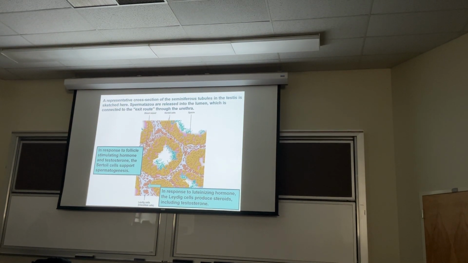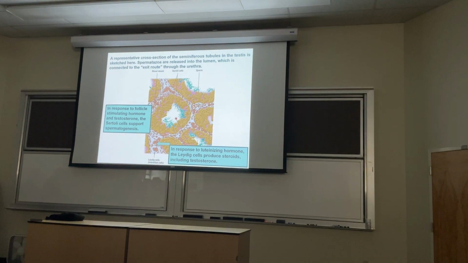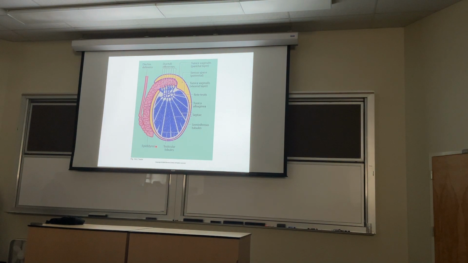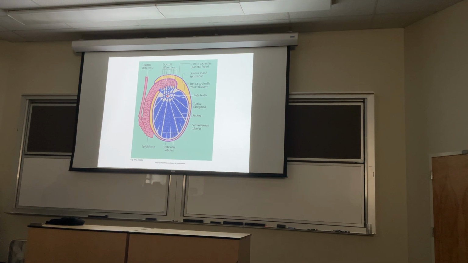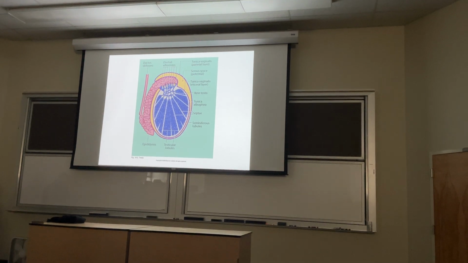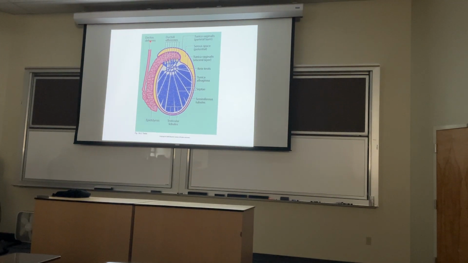This is a little diagrammatic representation of this spermatogenic process, the formation of the sperm in the seminiferous tubules. Here again, this diagram is from your book. It shows you the lobules with the seminiferous tubules, the rete testes, the straight ductules or the efferent ductules, and then the epididymis, and then the vas deferens or ductus deferens.